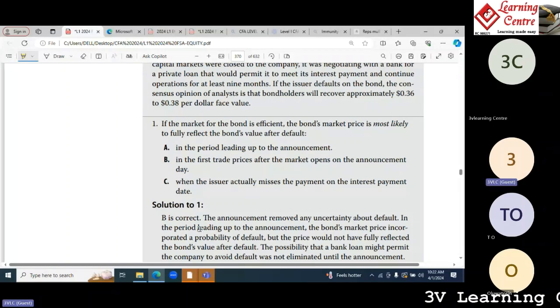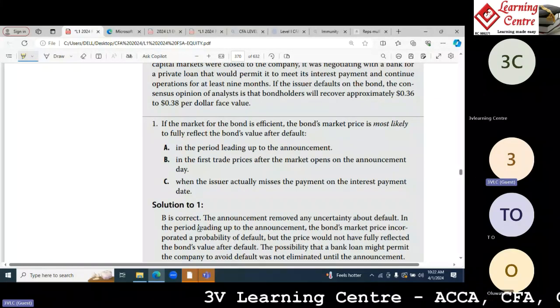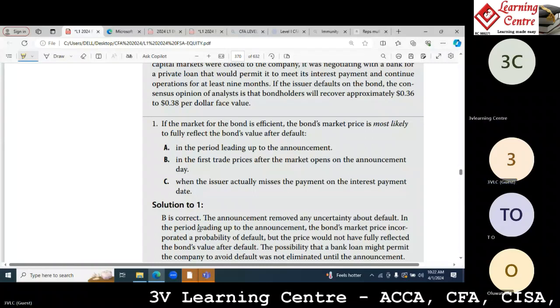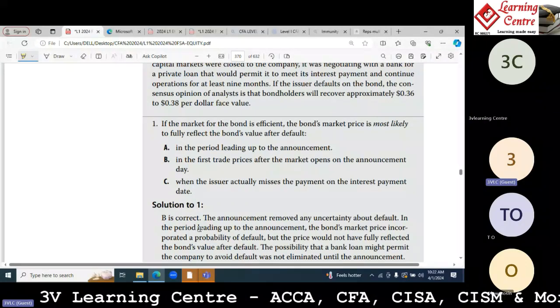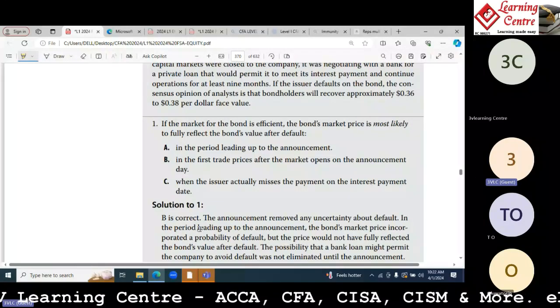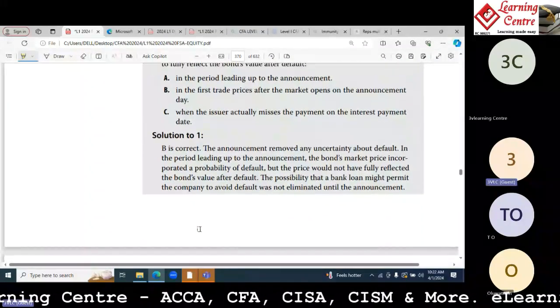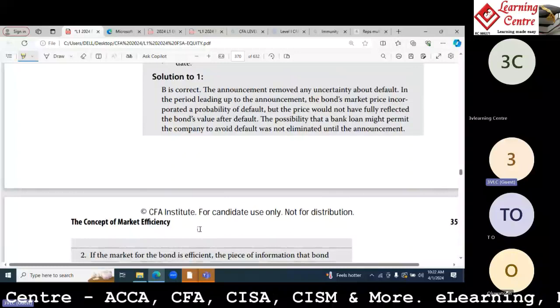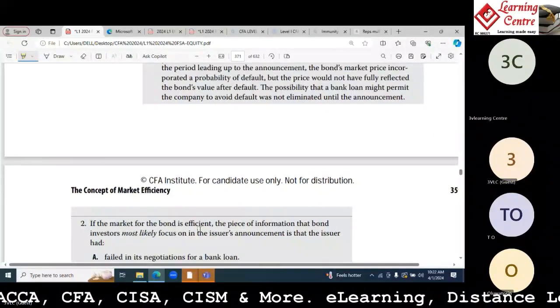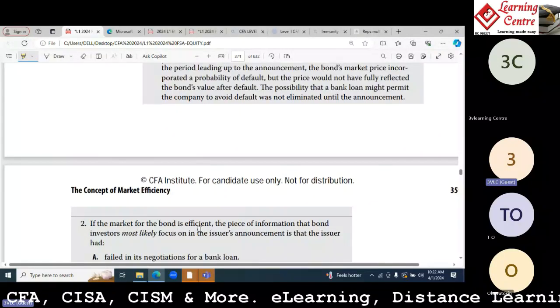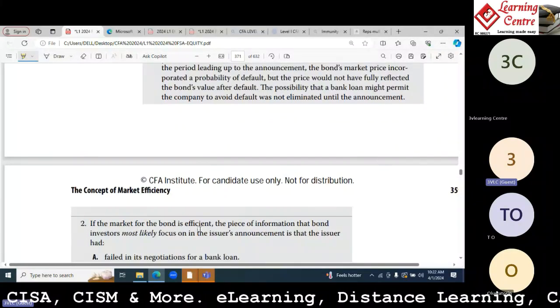If the market had reacted before this announcement was made, then it means that some people had this information prior to the announcement and had reacted on it. That is what we call insider trading. And afterwards, when such an announcement comes, you will see that people will not react again because people had already reacted.